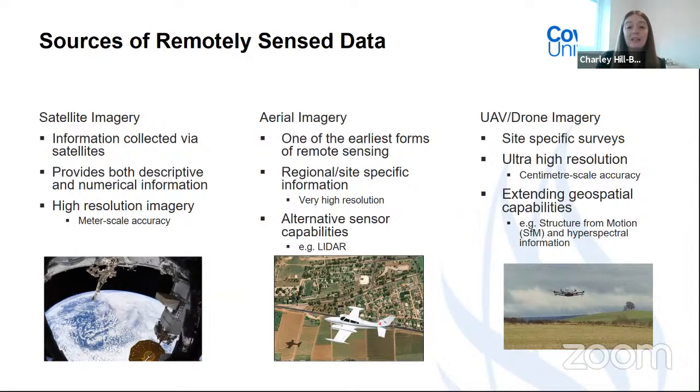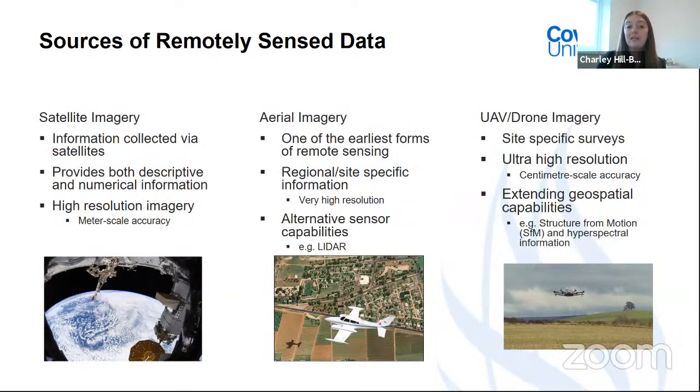We have constraints of where we can collect information from. So with a drone, we might be able to collect information for one field, for example, whereas with satellite information, we could collect the similar information, not as good accuracy in terms of how much we can see, but at a national or even regional scale.